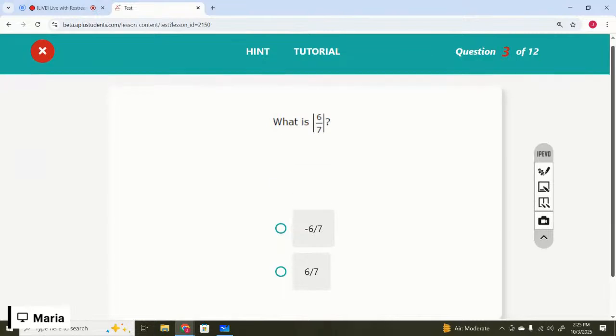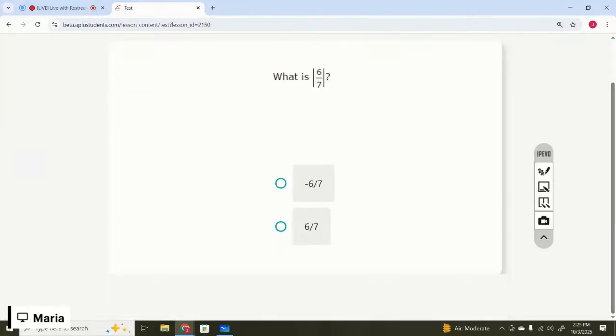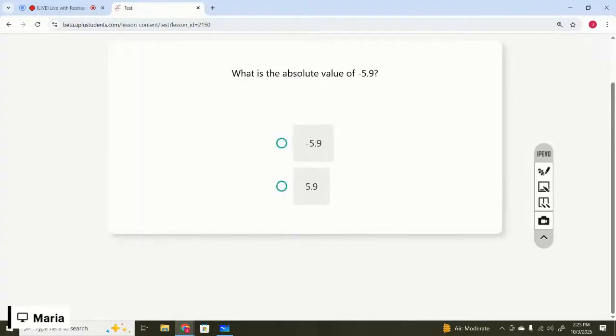What is the absolute value of 6 by 7? It is 6 by 7. Option number 2 is the correct option.